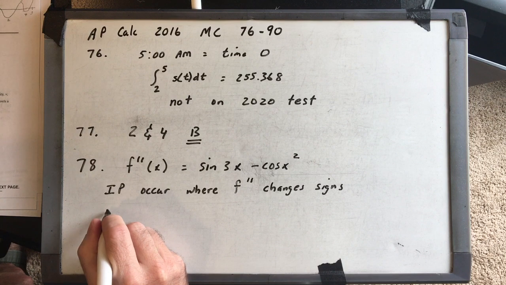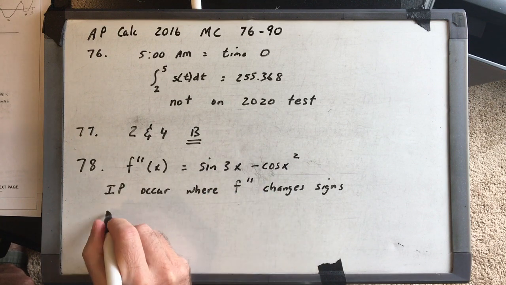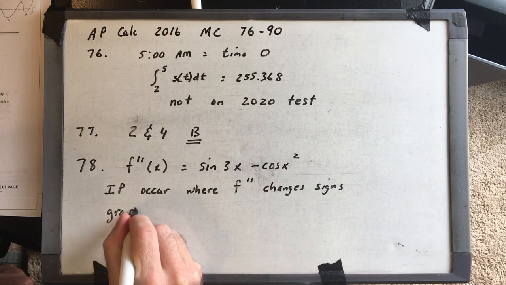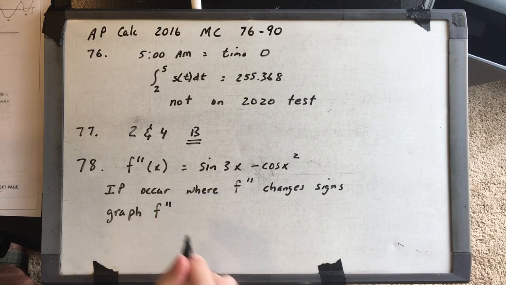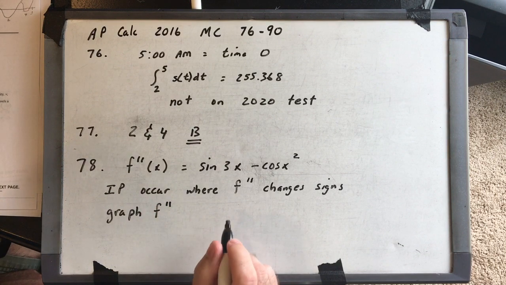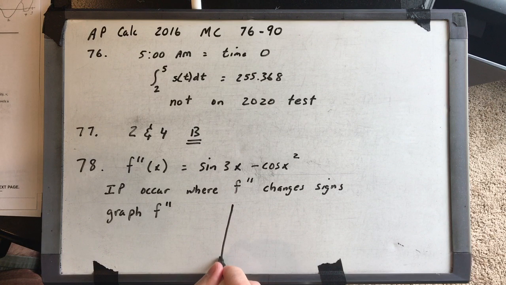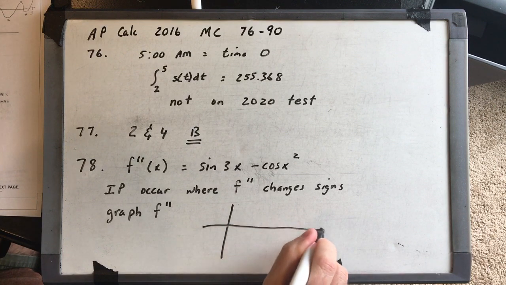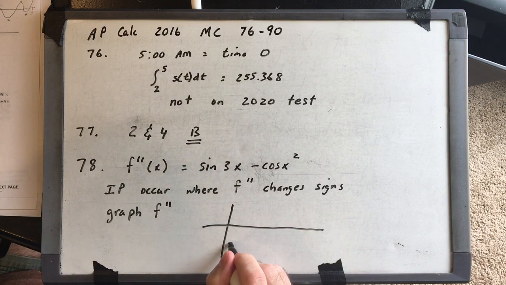So what you want to do is graph this second derivative. What you're going to get on your calculator between 0 and 3 is roughly what this looks like.